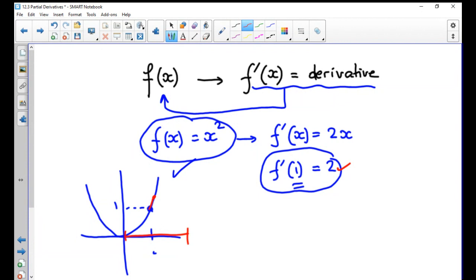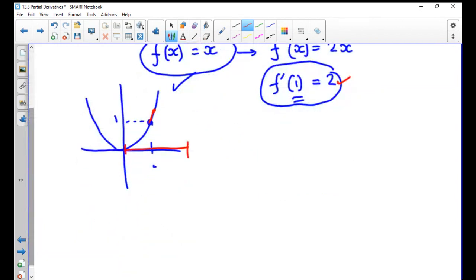It's increasing, yes. It gives us an idea about where the function is increasing, where it is decreasing, and so on. Derivative is extremely important. It gives us a lot of information about the function f itself.